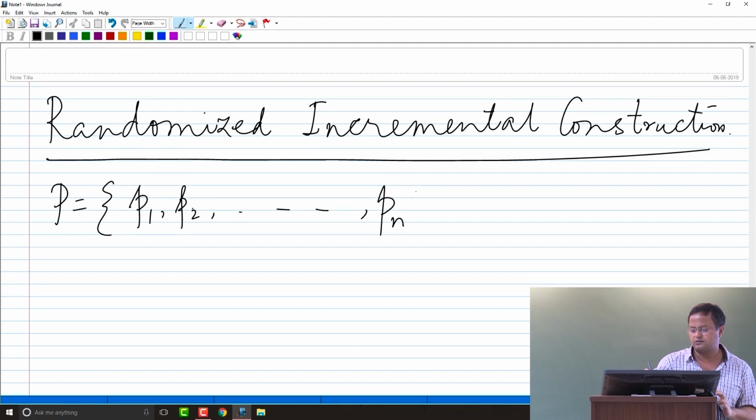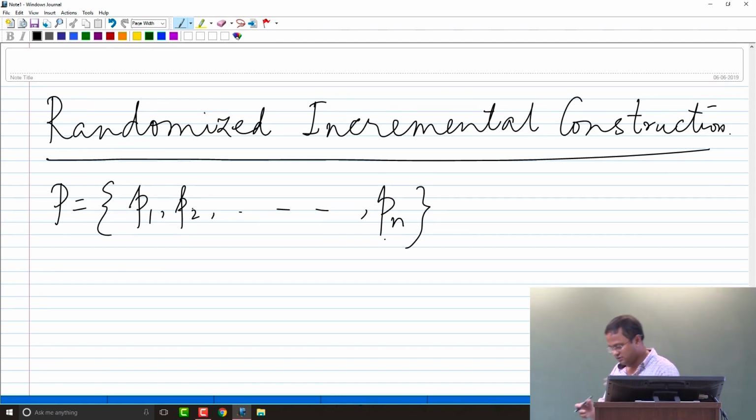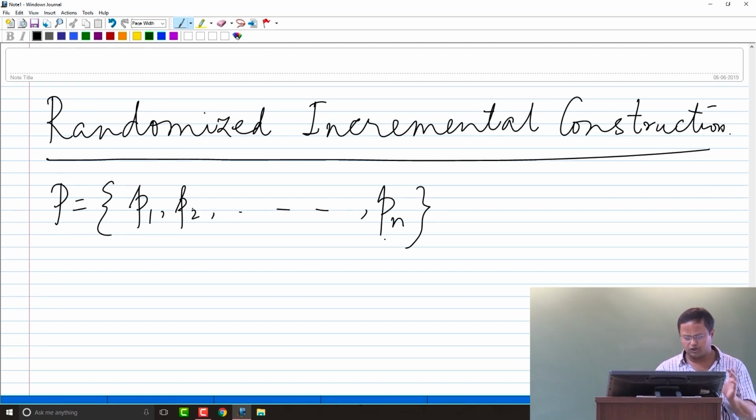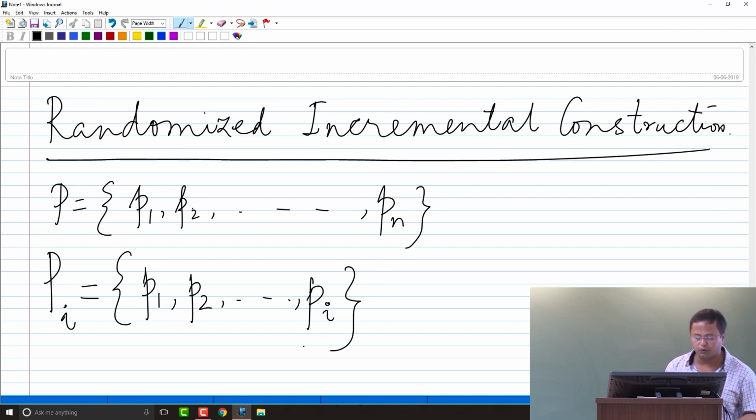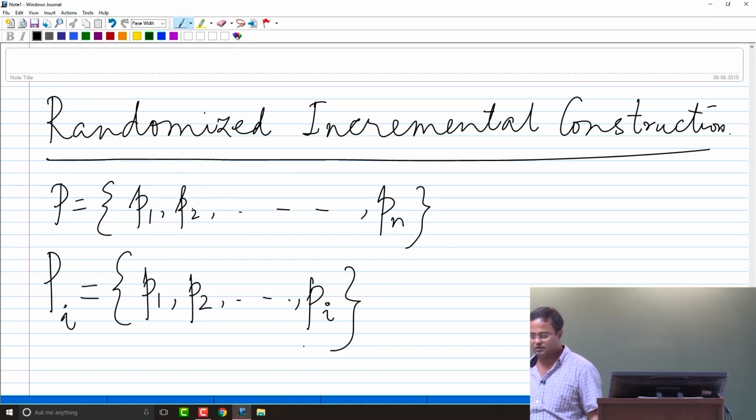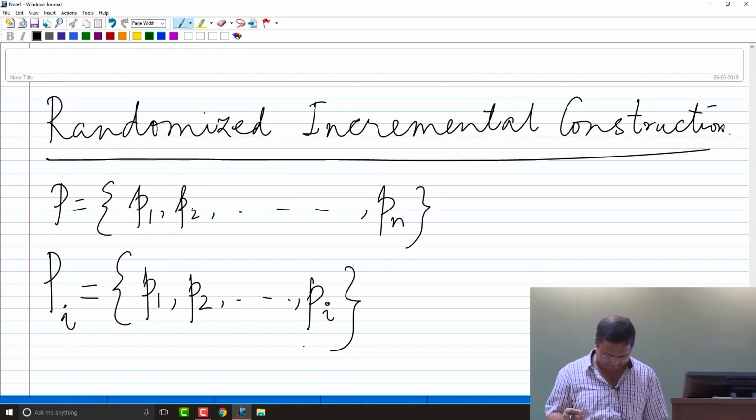This is a random permutation of the n points. Okay, so, for a notation, when I write this, it means the first i points of the randomly permuted set.